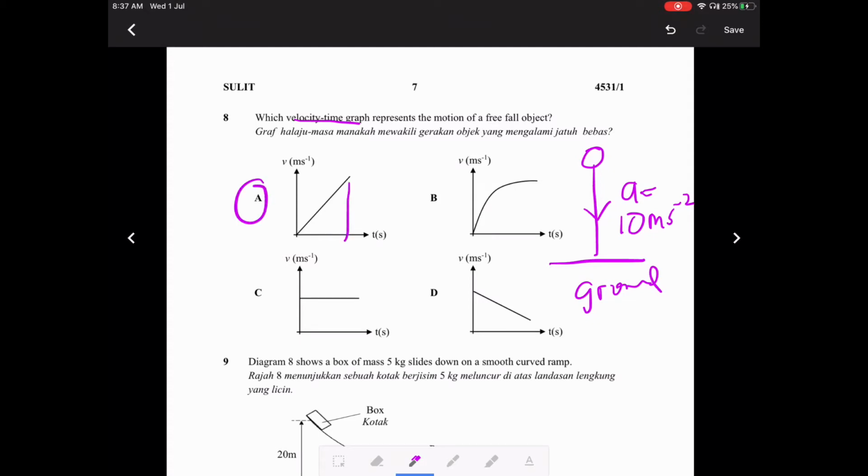Okay, yang ini kalau you kira dia punya gradient, you akan dapat nilai gradient yang constant. Betul? Okay, kalau graf dia yang D ni, you akan dapat nilai gradient constant juga. Tetapi nilai A-nya adalah negatif. Okay, faham? Okay, next.